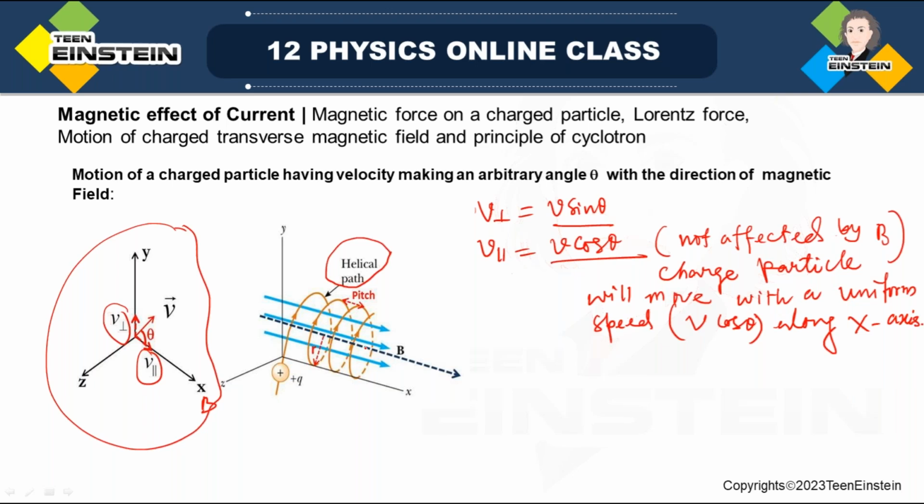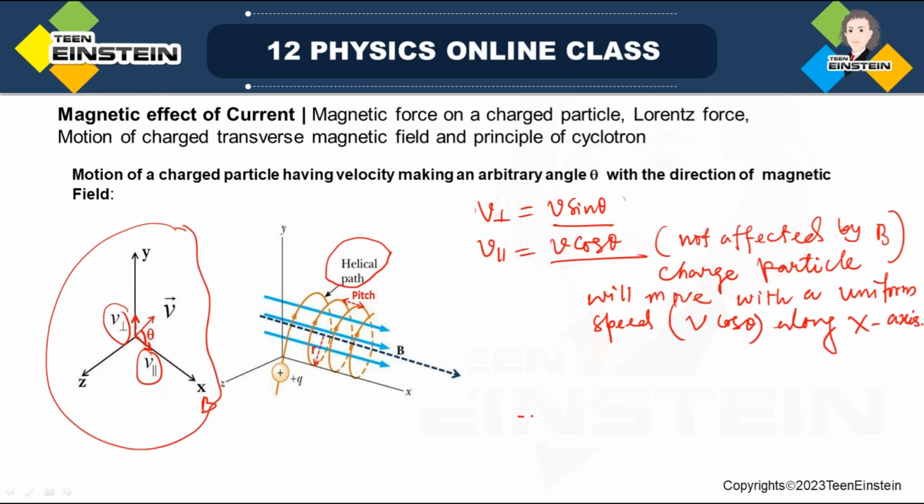According to this figure, it is the x-axis. What about this velocity component? Since it is perpendicular, it will compel the magnetic field to exert a magnetic force on the charged particle.